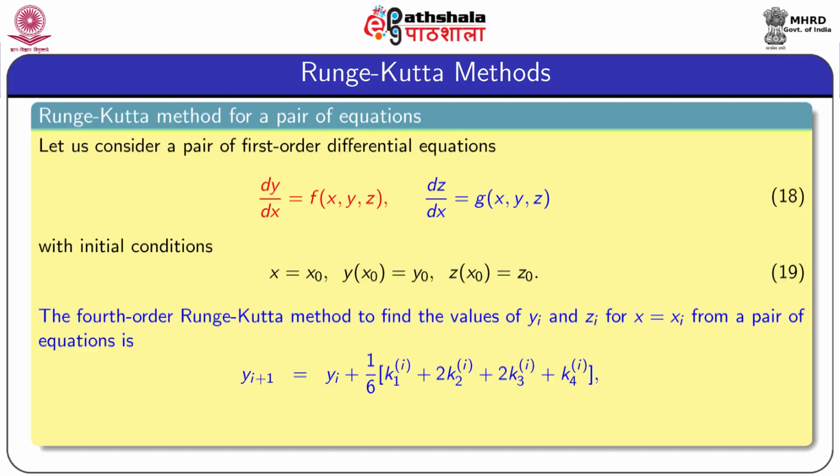So, this formula is similar to the Runge-Kutta method obtained in the previous problems for a single first order ordinary differential equation, and the second formula is used to find the value of z(i+1), and that is equal to zi plus 1/6 into (L1i plus 2 L2i plus 2 L3i plus L4i). Note that the formulas for y(i+1) and z(i+1) are exactly similar in form, but the values of the parameters, that means k1, k2, k3, k4, L1, L2, L3, L4, are different.